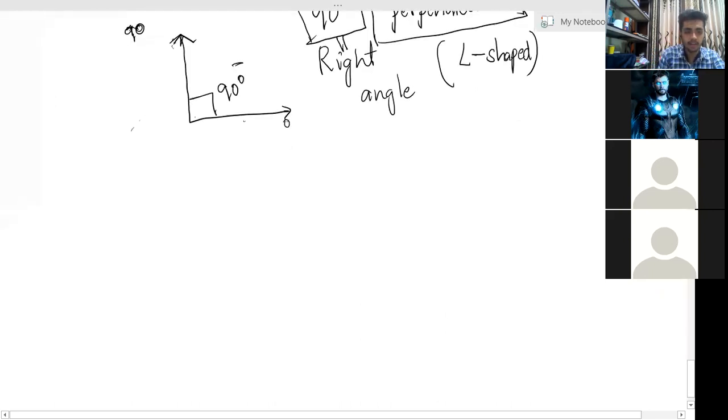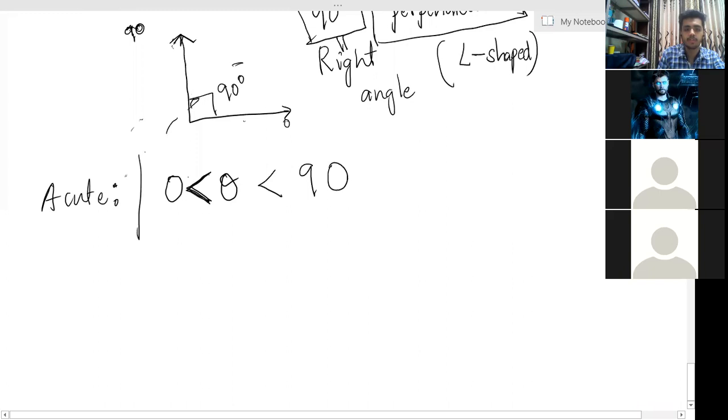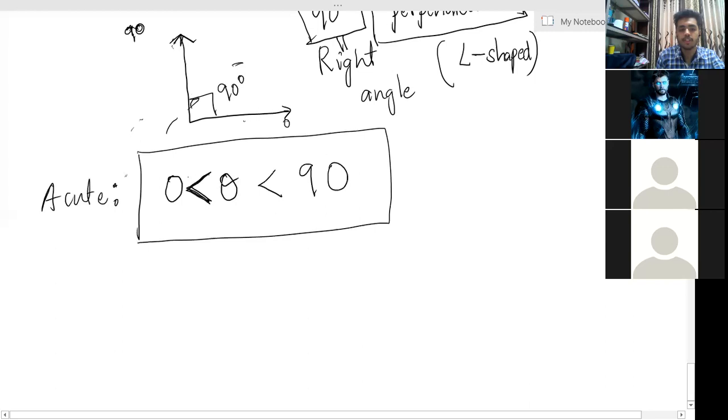In your questions, you might get something like, which of these is an acute angle? Remember, angles can be represented by the symbol theta. An acute angle can be represented as theta is greater than 0 and lesser than 90 degrees. This is the notation for an acute angle.